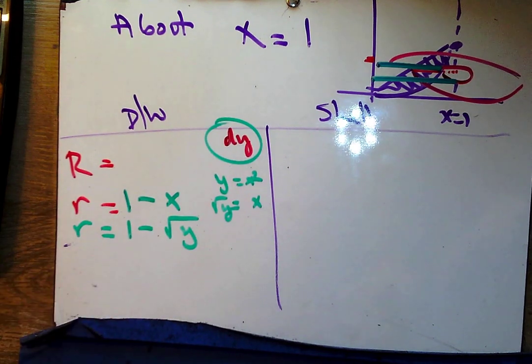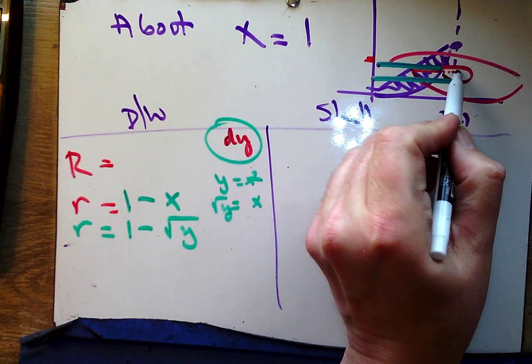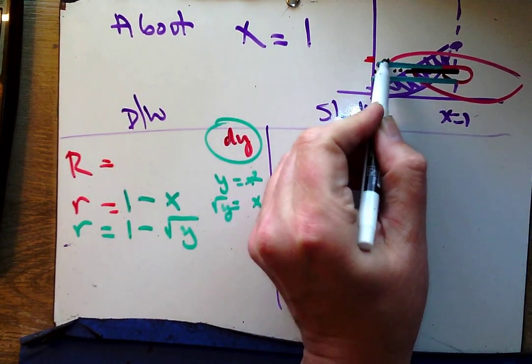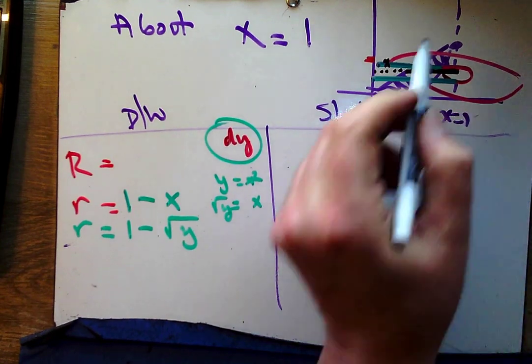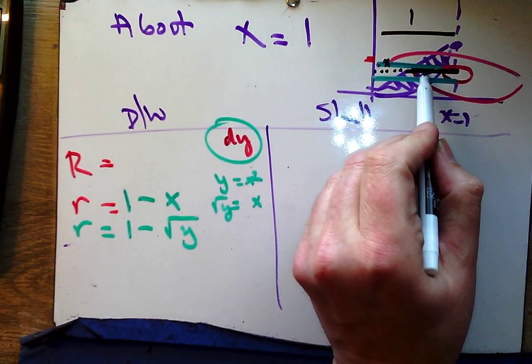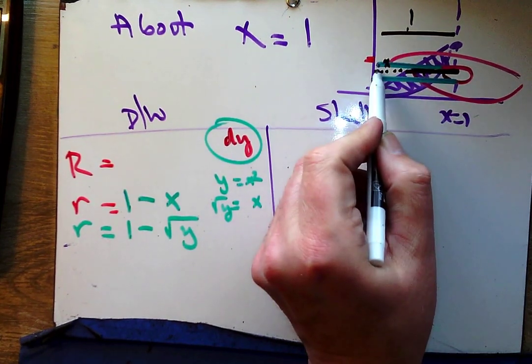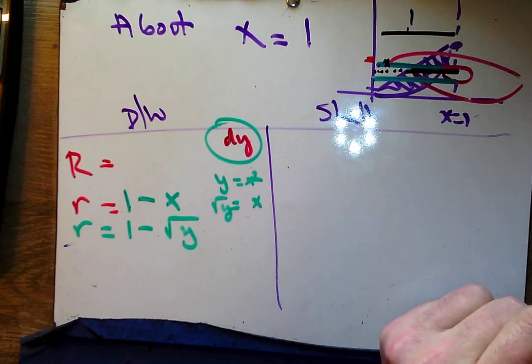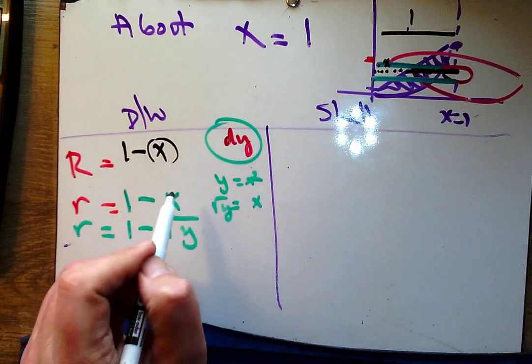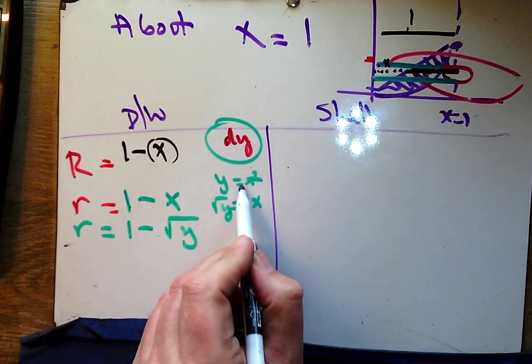What about big R? Okay, so big R is that. That's big R. This is the x that goes with big R. This is 1. And so big R is 1 minus x to get that. Except that this x value doesn't go to the parabola.